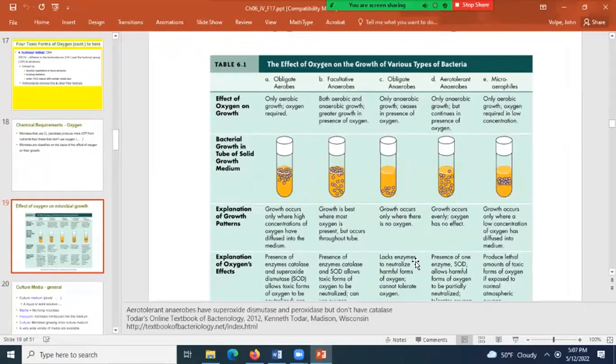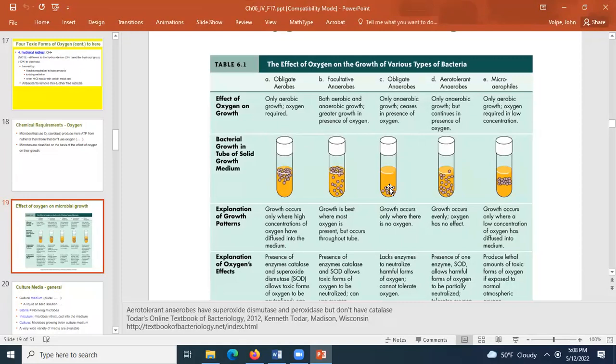Thioglycolate, when you make the media and you autoclave it, the media pulls oxygen out of the media. So it has something in the media that reacts with oxygen and then removes the oxygen. Any question about any of that?